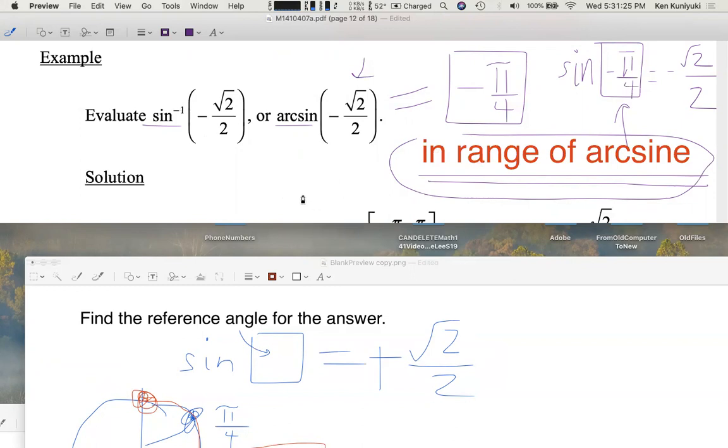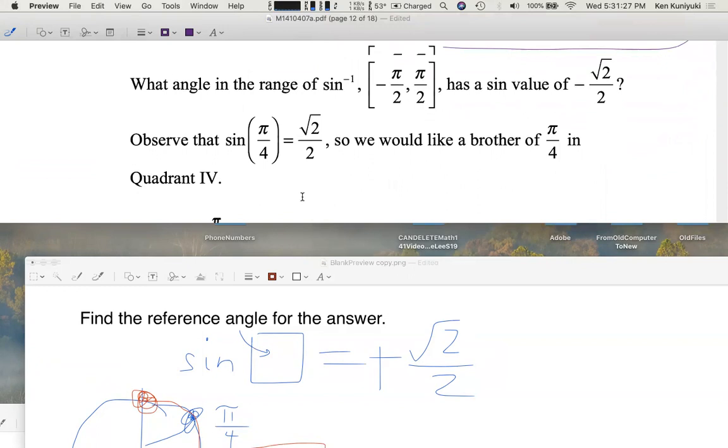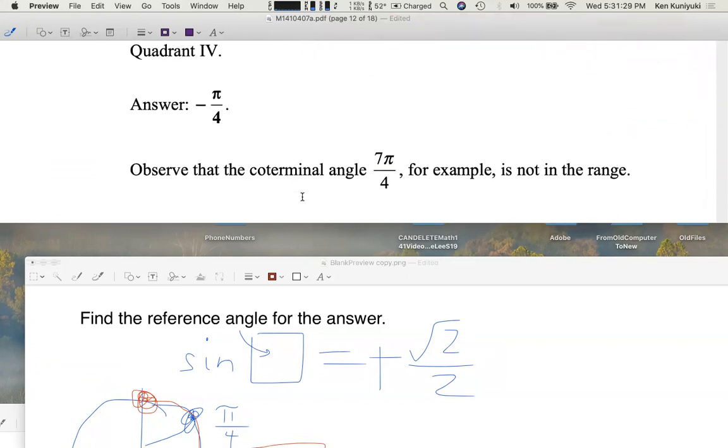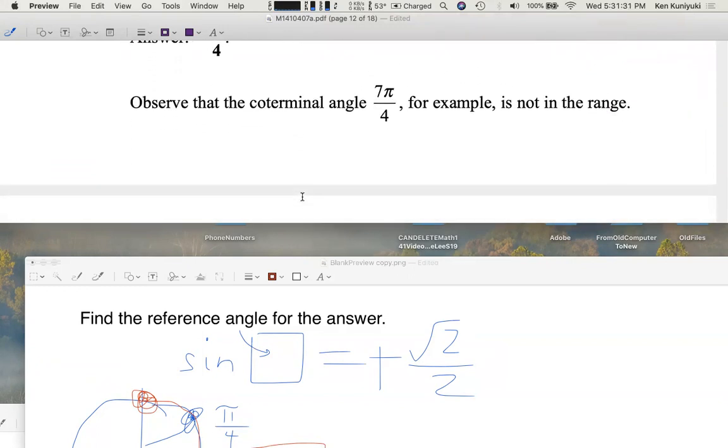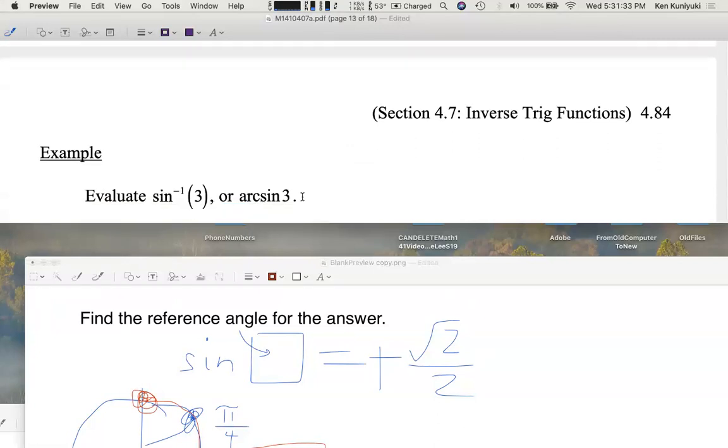Next up, how about the inverse sine of 3, or arcsine of 3? The inverse sine of 3 is what angle? Well, wait a minute.